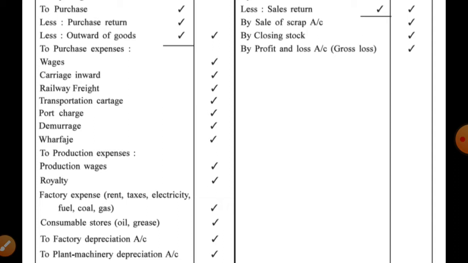So that is also related to goods, to his personal assets. That's why it is to be recorded in the trading account.